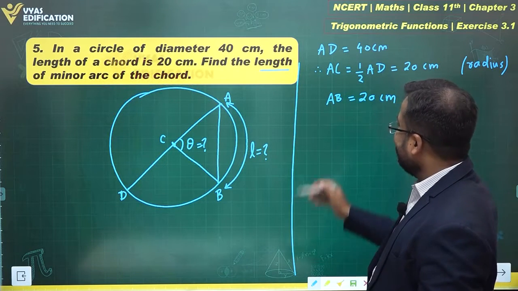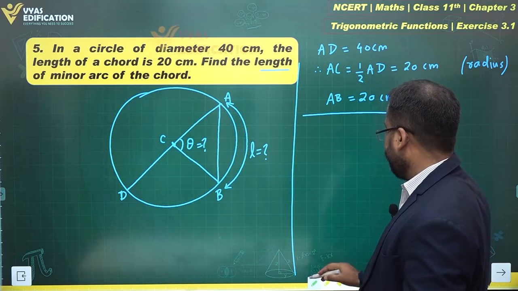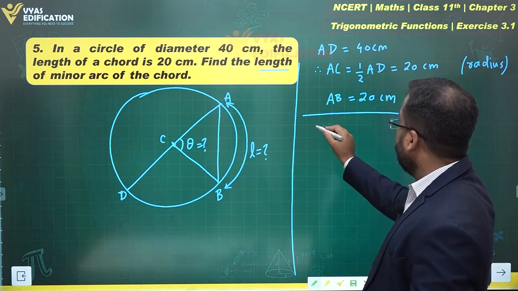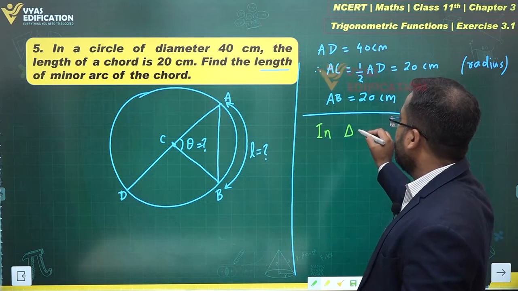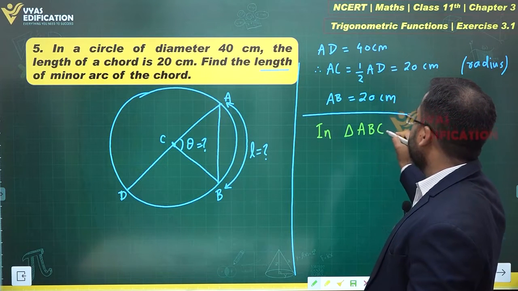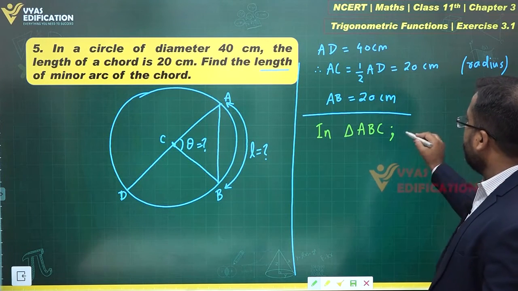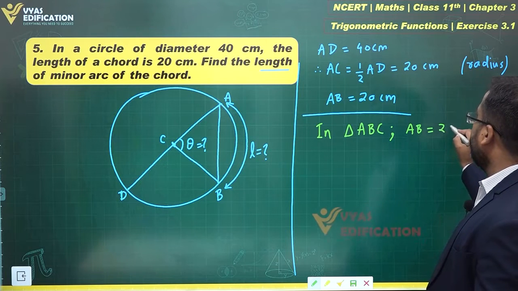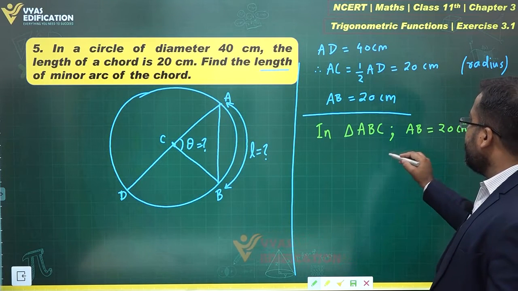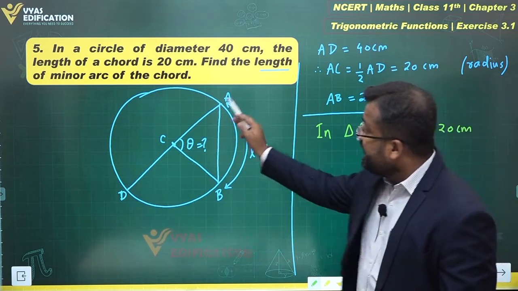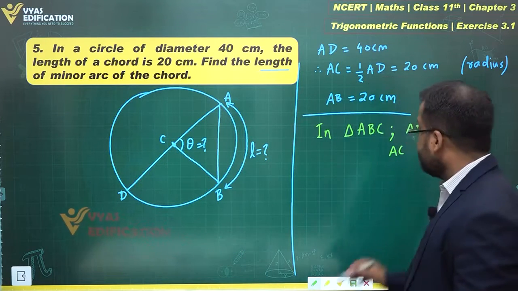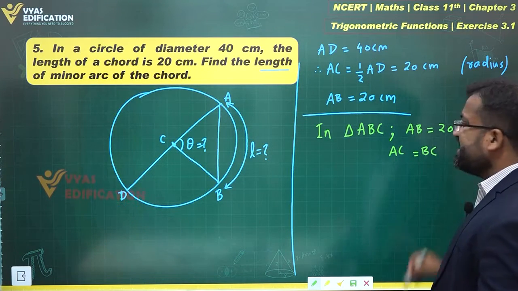So in triangle ABC, let's observe, what do we have? We have AB is equal to 20 centimeter. AC is radius, also BC is the radius. AC equals BC, which is the radius of circle.